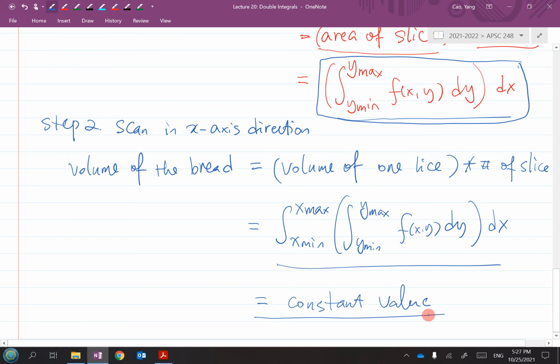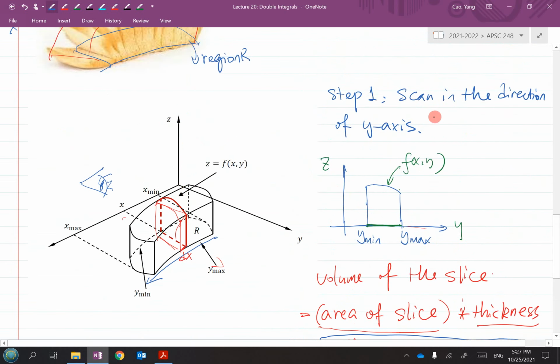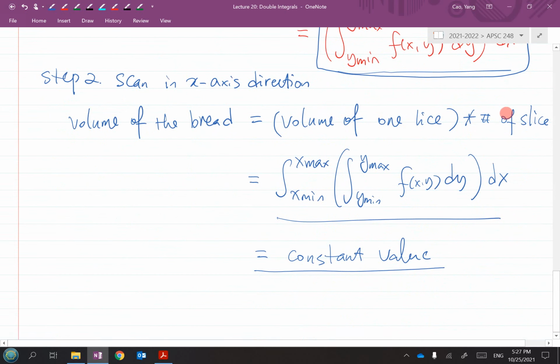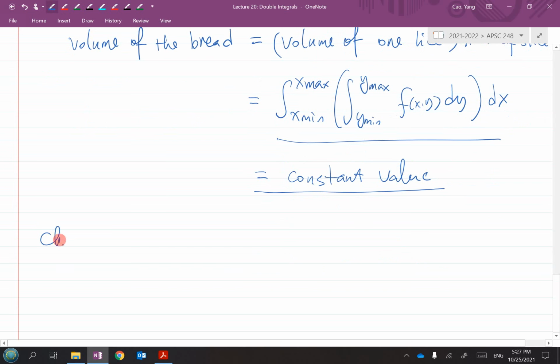And of course, a natural reaction is, if you scan first in the y-axis and then the x-axis, can you switch the order? Would you be able to scan in the x-axis direction first, followed by the y-axis direction? The answer is yes. So you can certainly change the order of scanning or integration.